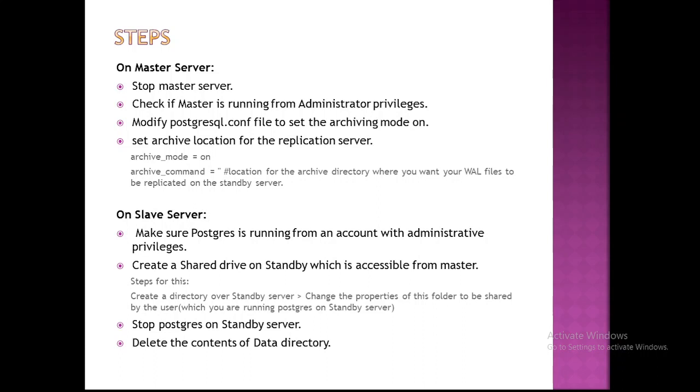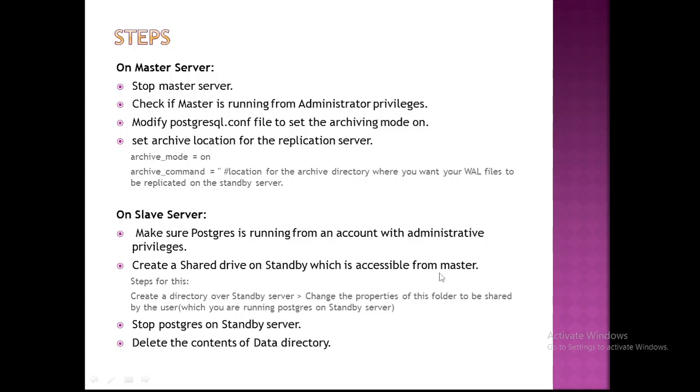So you need to make sure both of the Postgres servers are running with the administrative account. You can create a new account or you can use the admin account of your system for running PostgreSQL on both servers. Create a shared drive on the standby which is accessible from the master.